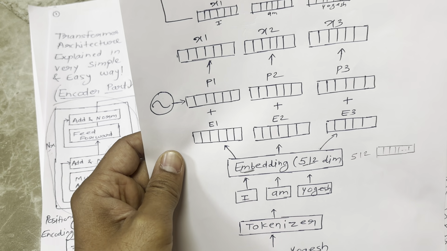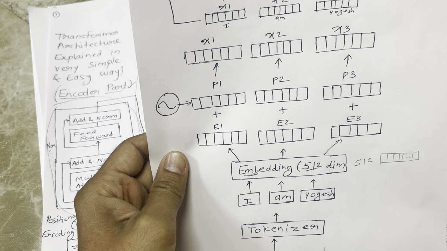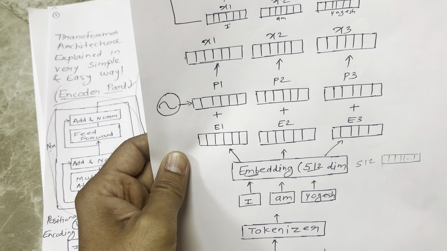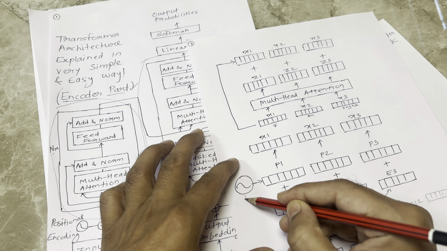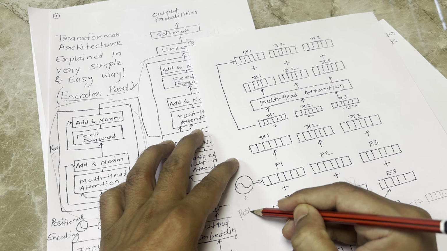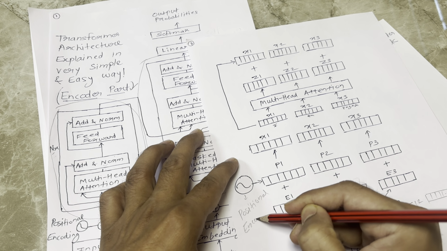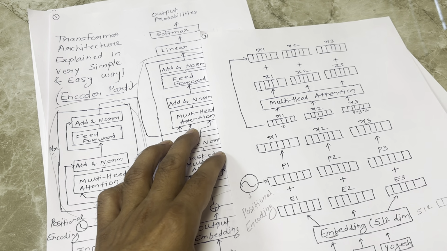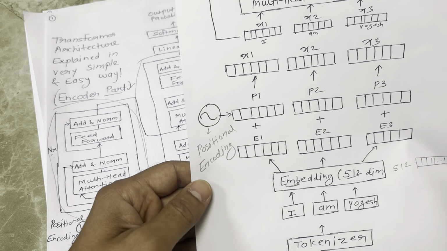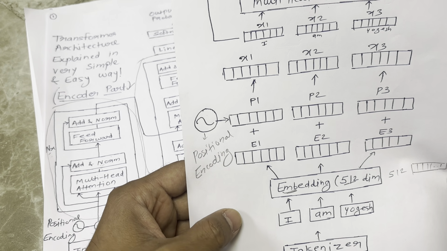So to add this positional information, we use a technique called positional encoding. Basically, this icon you can see, everyone, is for positional encoding. If someone has come across the transformer architecture shown in the Attention Is All You Need paper, you must have seen it; they also use the same notation.